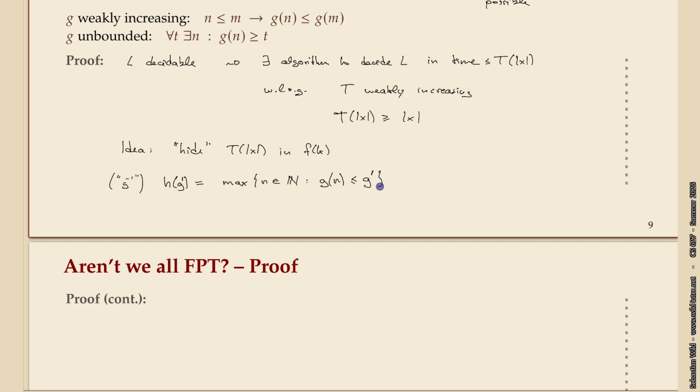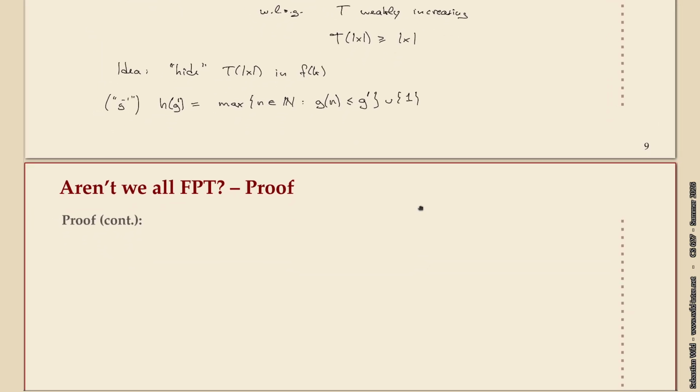Now, sometimes this set is empty if there is no n for which this function is small enough. So let me formally take the union with 1. So it's a base case. If your g prime is too small, then h will just output 1.